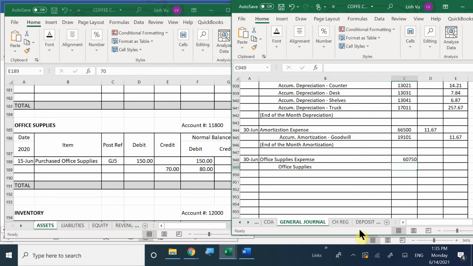So the office supplies account. Then what should be my description? Would it be office supplies used in June? Sure.